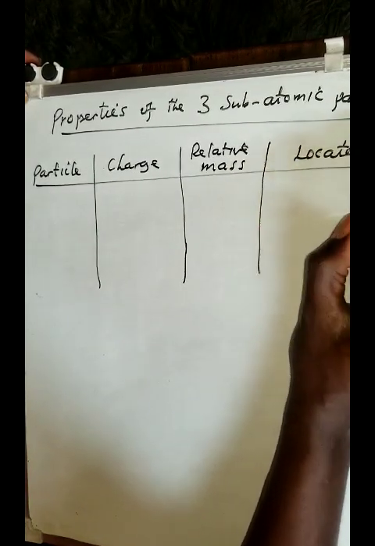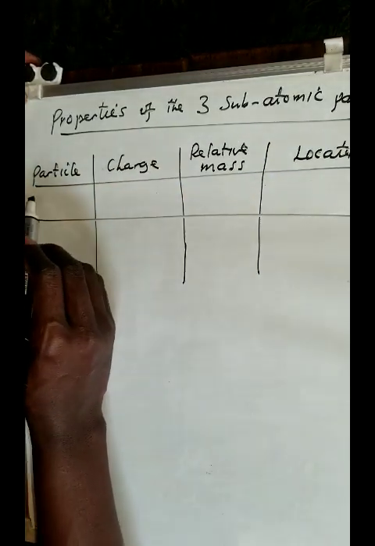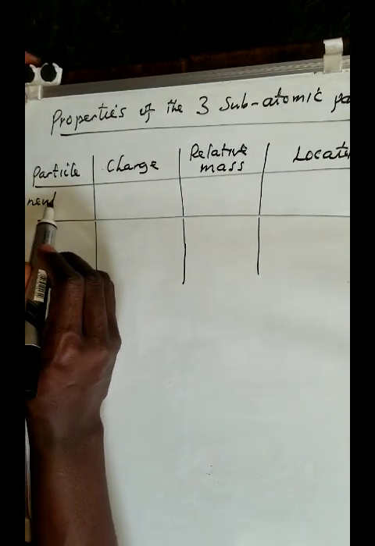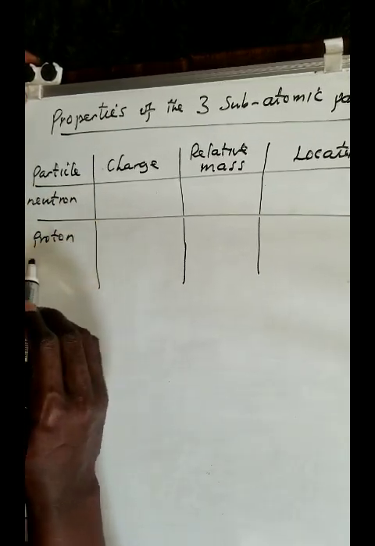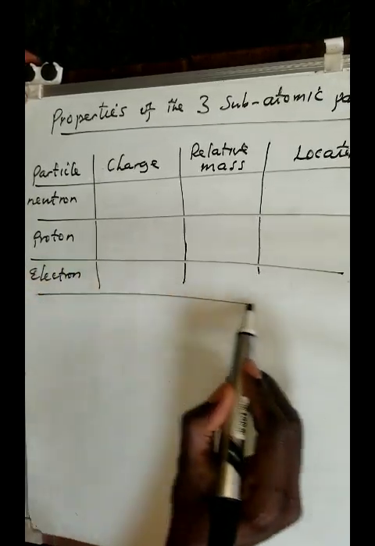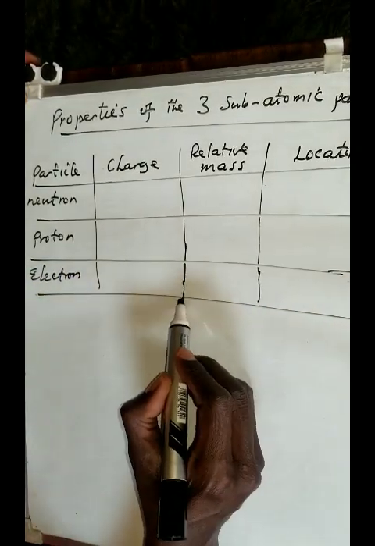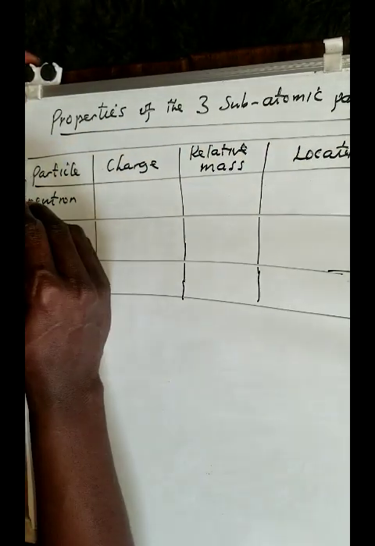Where are they located? So the location of the particle. In this case, my first particle is the neutron. Then I can go to the proton. Then I can talk about the electron. So this is a table. Sometimes in the exam, you are going to find this table and they will tell you to fill it in.